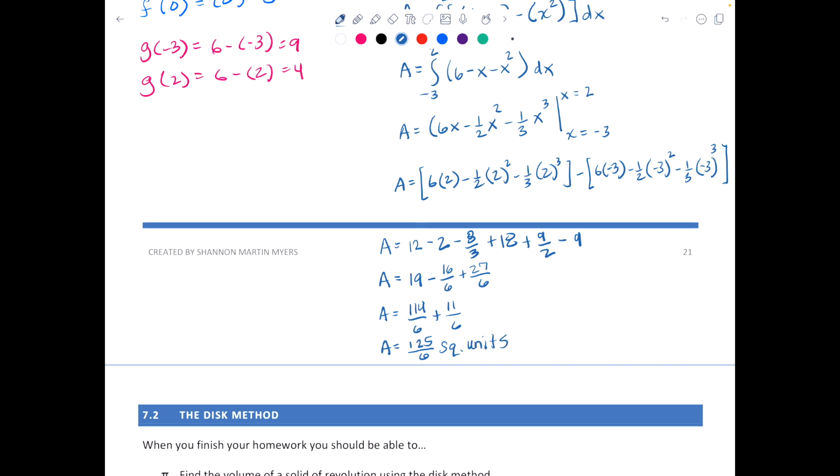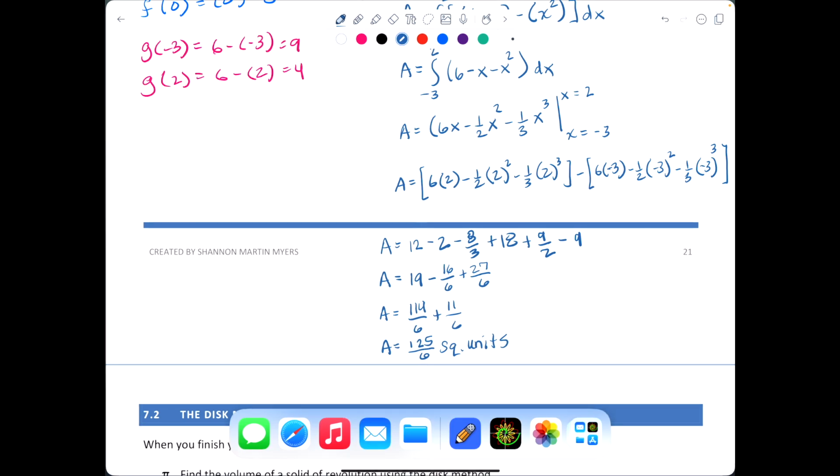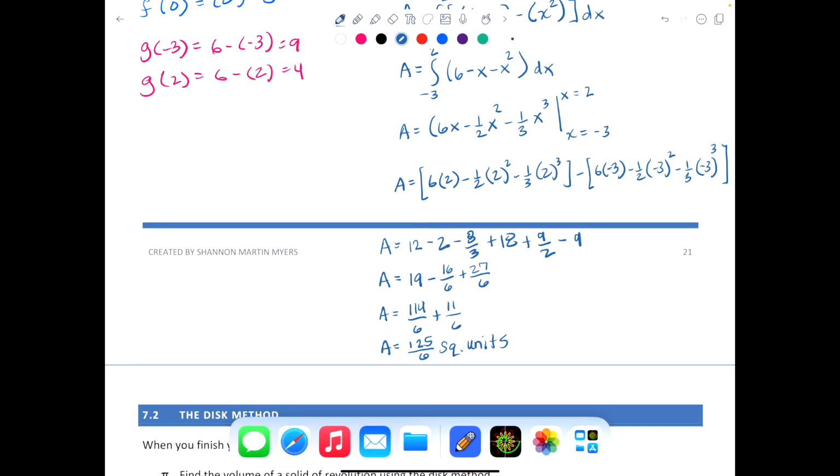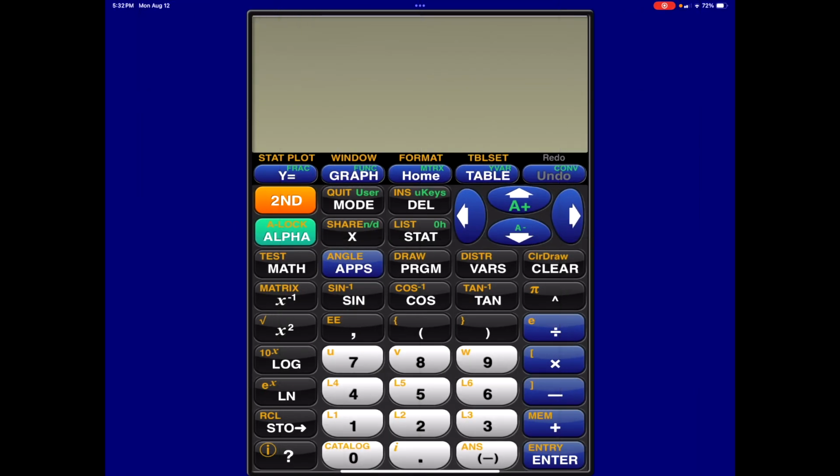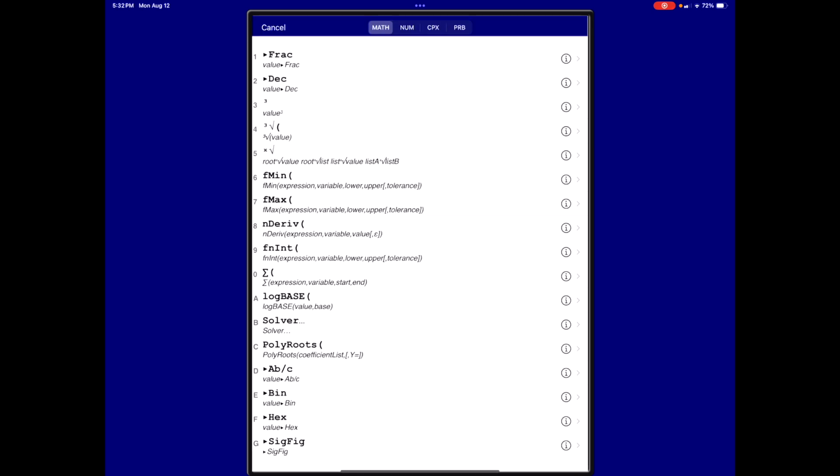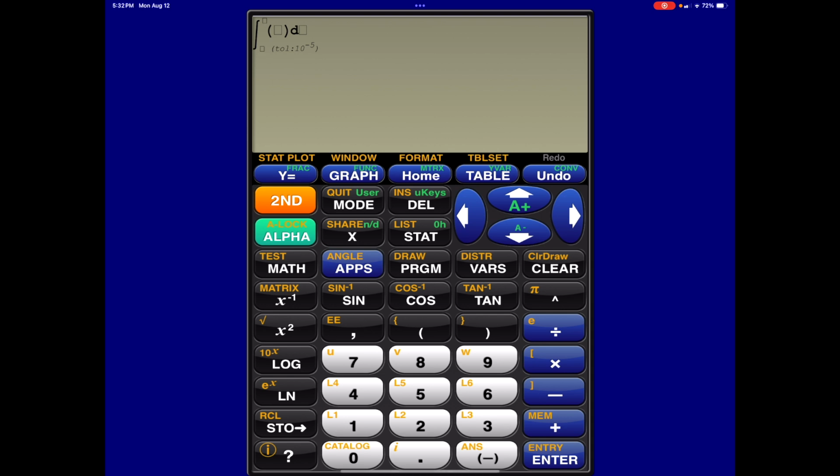Good? And then you can always double check your work by punching it into the calculator if you have access to it. If we want to go into math, and we want to do function integrate. Our limits of integration go from negative 3 to 2.